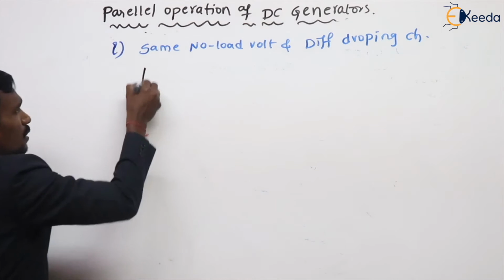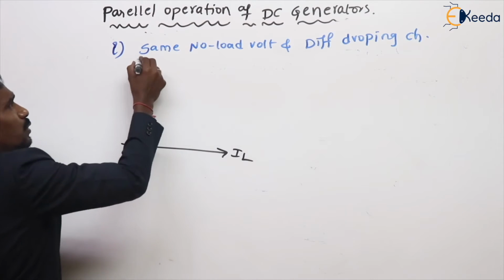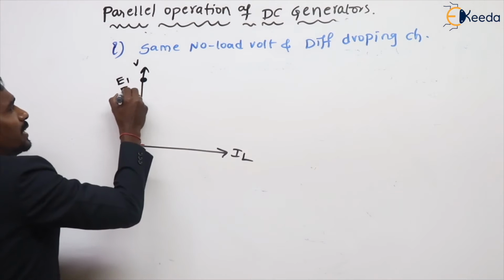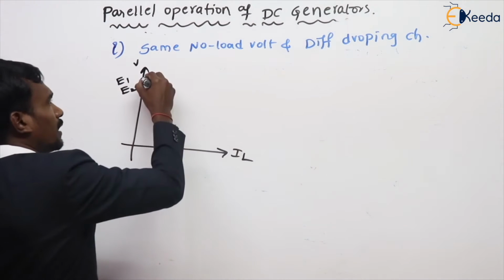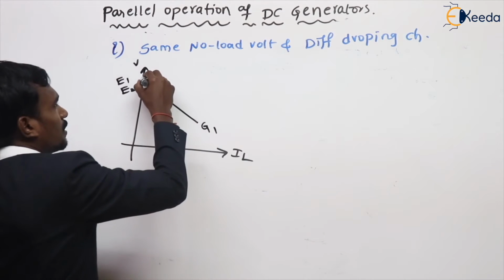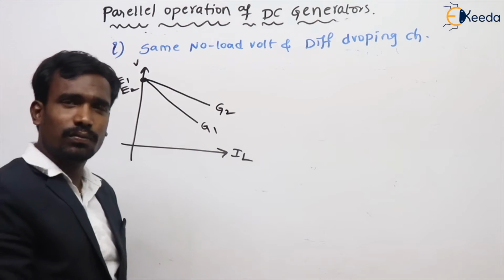For example, this is the load current and this is the voltage. I said the same no load voltage, E1 and E2, for two generators. This is the first generator and this is the second generator, G1 and G2.